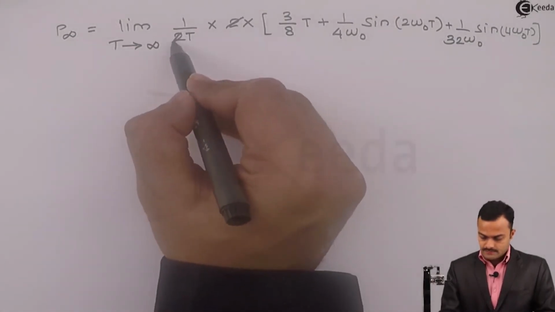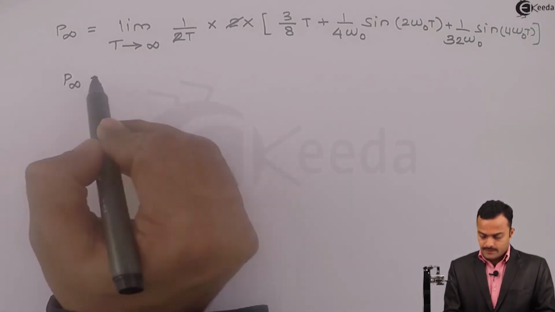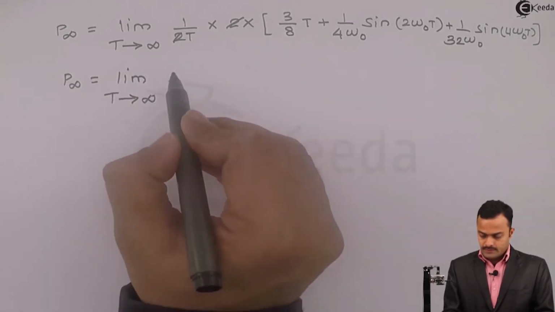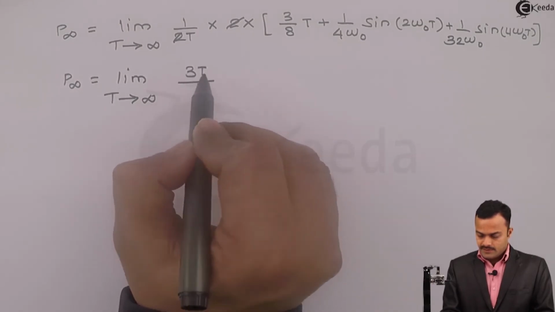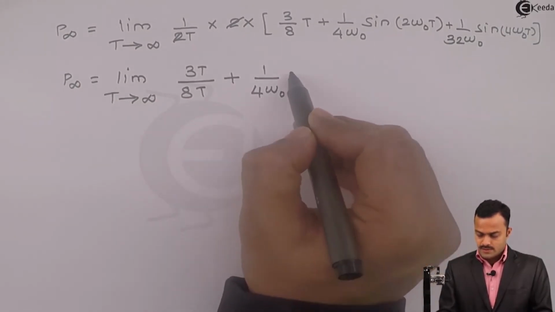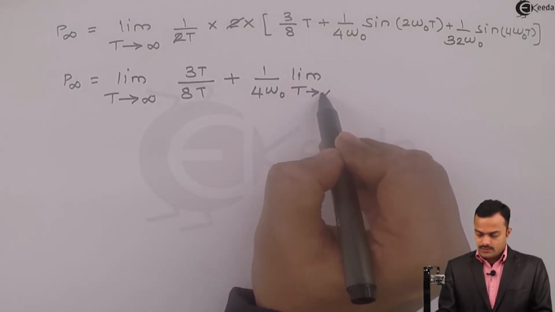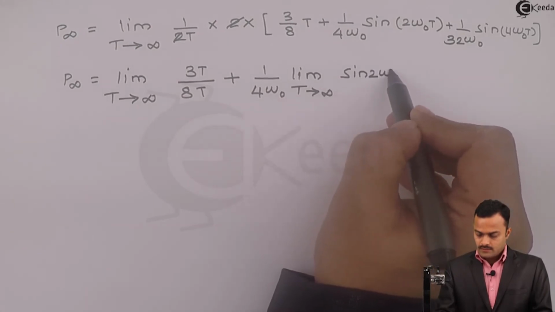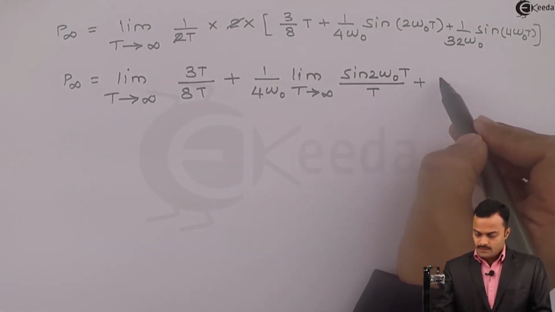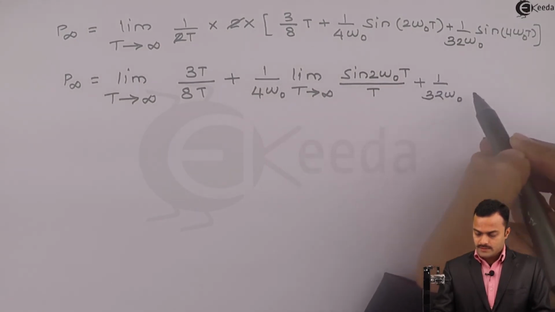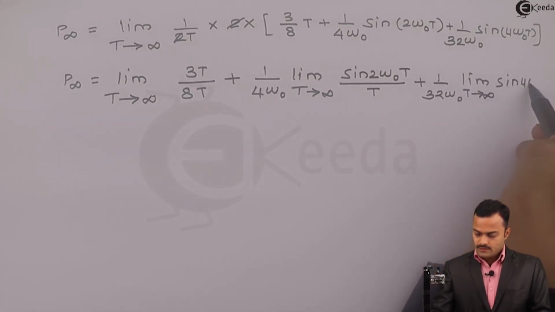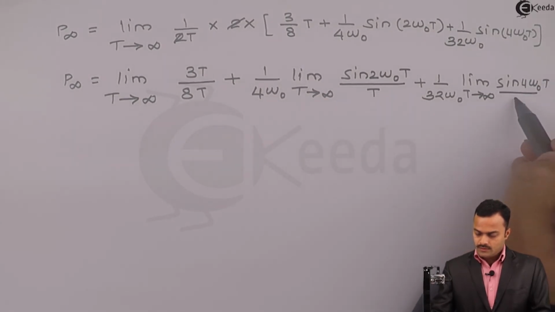So to get the 2 cancelled, and if I multiply by 1 upon t and separate out the limits, I will get limit t tend to infinity 3t upon 8t plus 1 upon 4 omega 0, which is a constant, limit t tend to infinity sine 2 omega 0 t by t plus 1 upon 32 omega 0 limit t tend to infinity sine 4 omega 0 t upon t.